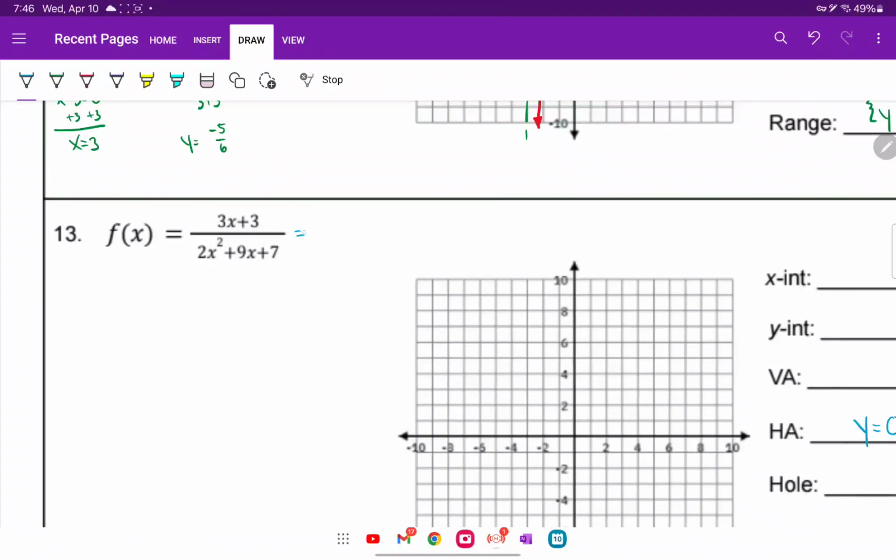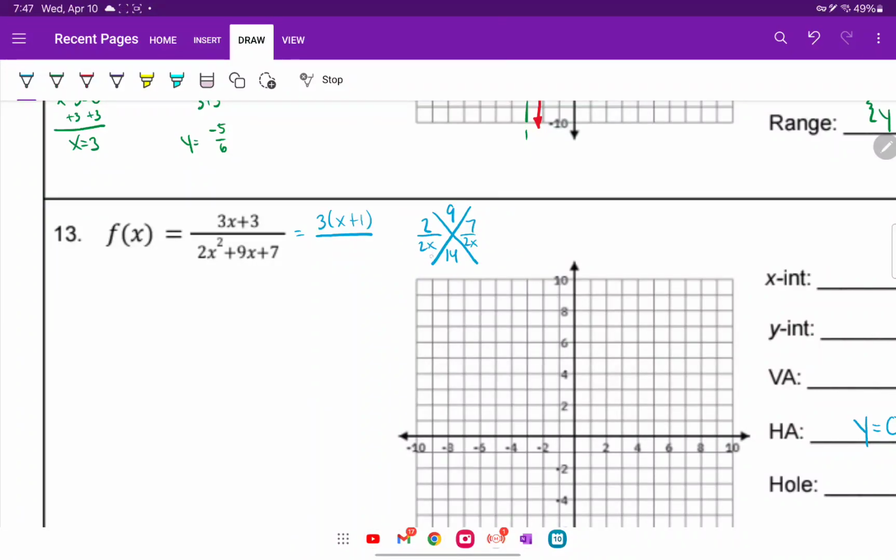All right, so here we can factor out a 3, which is 3 times (x plus 1). And for my factoring here, I'm going to do this off to the side just so you can see it. So you have 2 times 7 is 14, divided by 2x. So our factors would be 2 and 7.